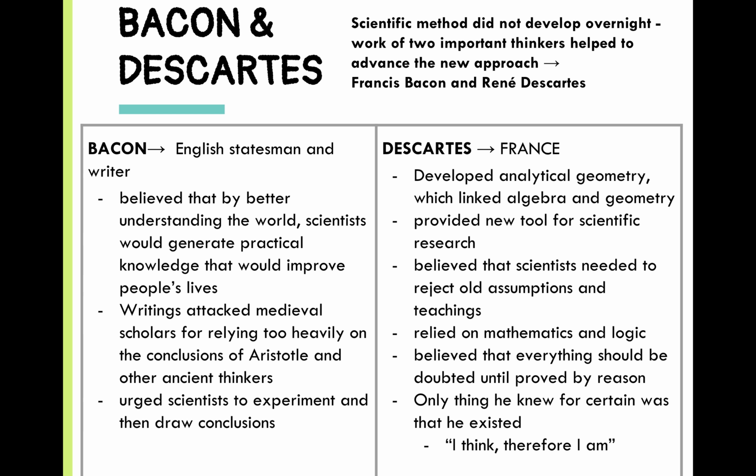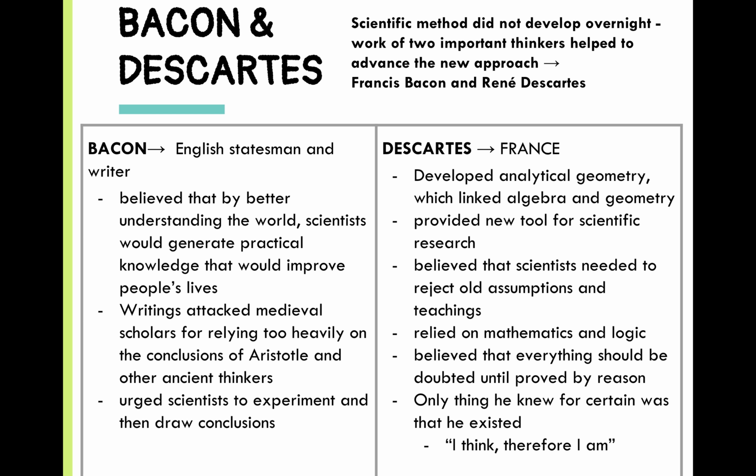His writings are going to attack medieval scholars for relying too heavily on the conclusions of Aristotle and other thinkers. He's going to really urge scientists to experiment and then draw conclusions, okay? Descartes, on the other hand, from France, is going to develop analytical thinking, which is going to combine algebra and geometry together, providing a new tool for scientific research.